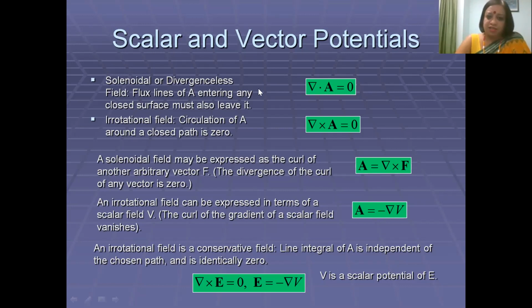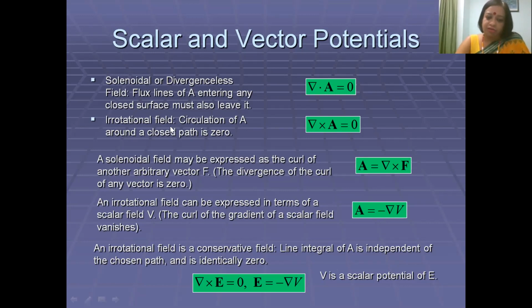Similarly, the other kind of field that you have is where you have curl equal to 0 instead of divergence being equal to 0. So when you have curl A is equal to 0, that means rotation is 0. Therefore, we call it an irrotational field. So you can have two kinds of fields, a solenoidal field and an irrotational field.